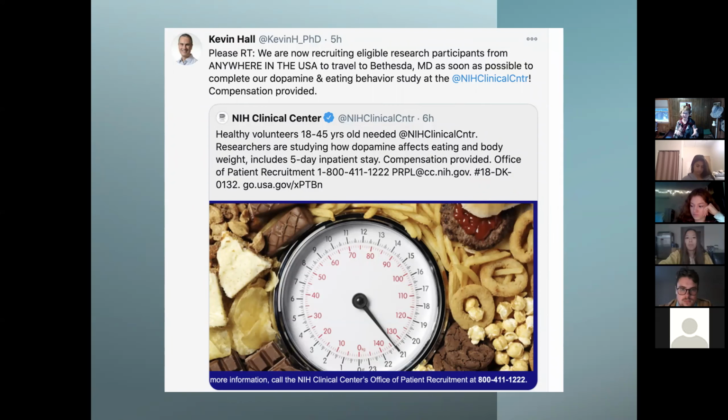If anyone's interested, it'll be on the recording and you can look it up. They will pay. It's a 5-day inpatient stay. When you stay in a metabolic ward, they measure everything that comes in and goes out, depending on what the study's about, but they also compensate you and you would be participating in research. I did tell him I would be posting it for my students.